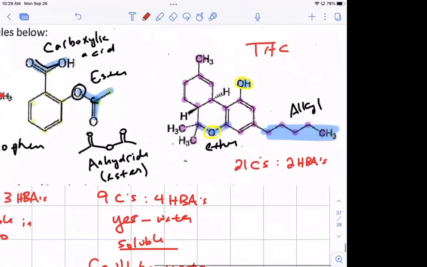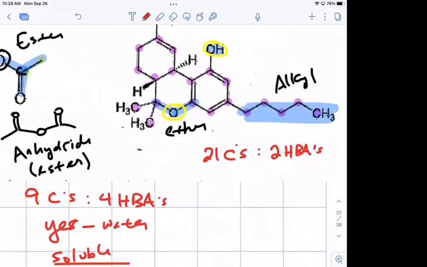What do you think? Soluble in water or no? No. It is not soluble in water.